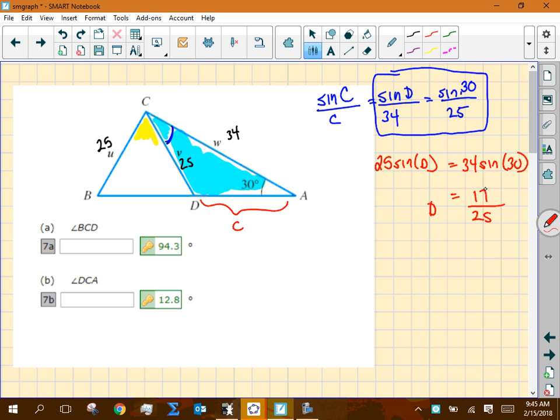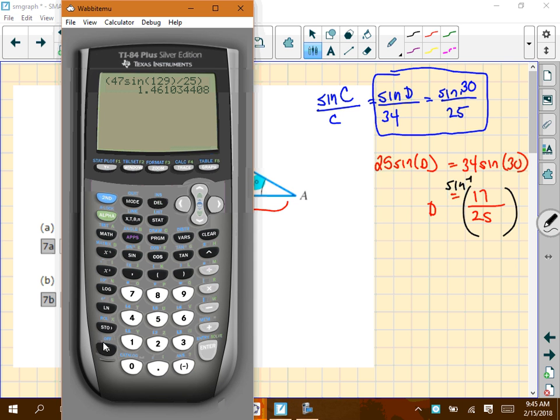So D then is sine inverse of that, right? And I like to type in 17/25 instead of 34 sine 30 over 25. But regardless of however you type it in, if you do that reduction throughout the problem, it's easier to type in, but you're going to get the same answer regardless.